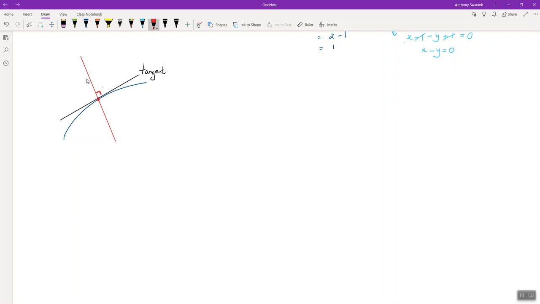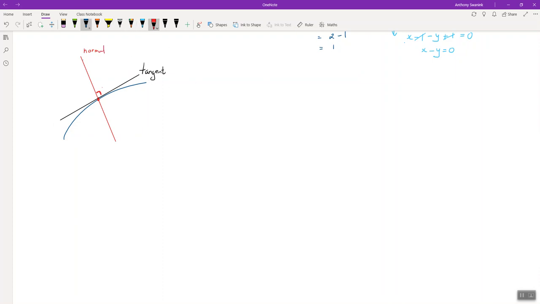Now there's an important property of lines which are at right angles to one another, and that is something about their gradients and what they multiply to. Let's put a label in for this one, this is the normal line.